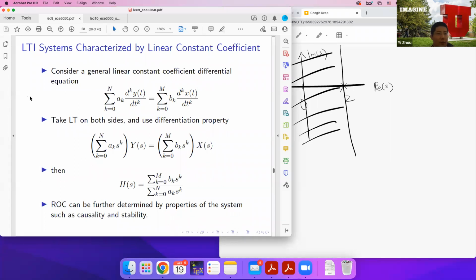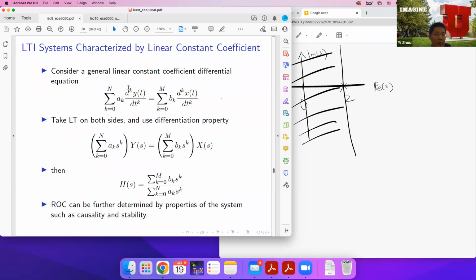In the Fourier transform lecture, we have seen this type of LTI system characterized by differential equations. Here we can apply the Laplace transform to analyze these systems. For example, this is a generic linear constant coefficient differential equation, in a very general form.